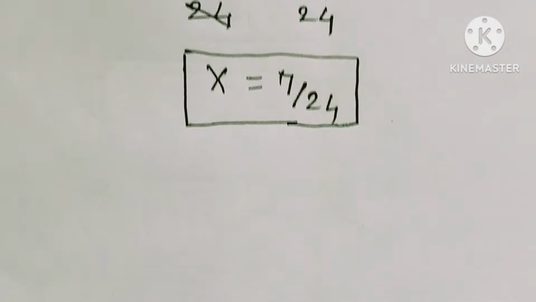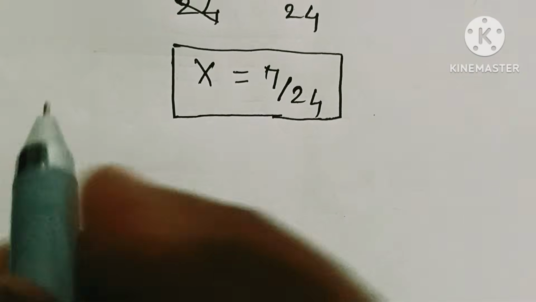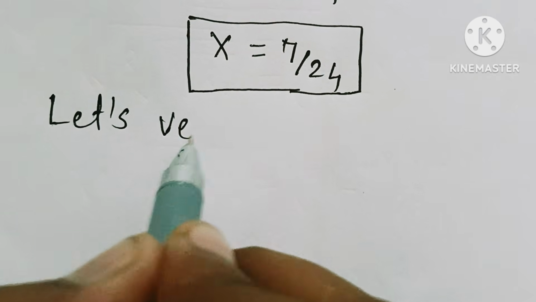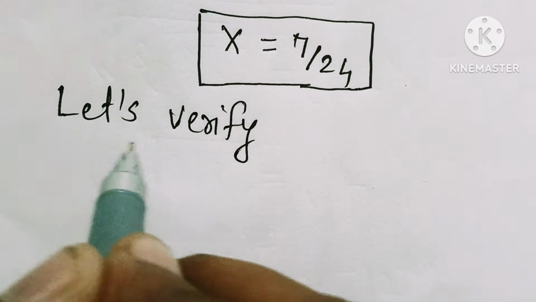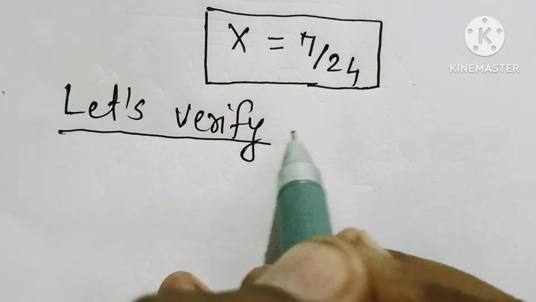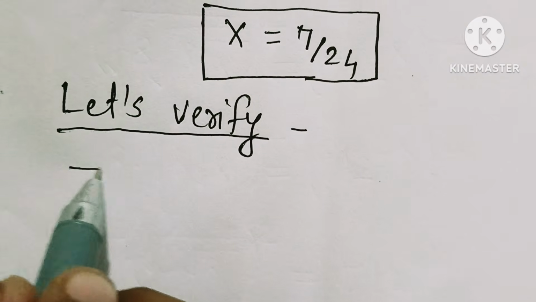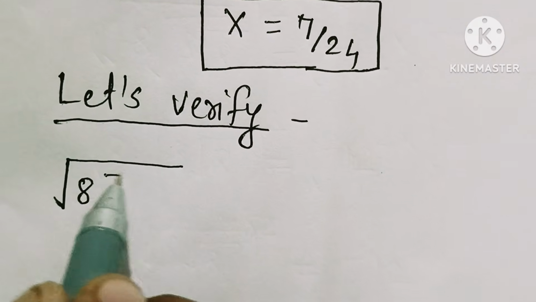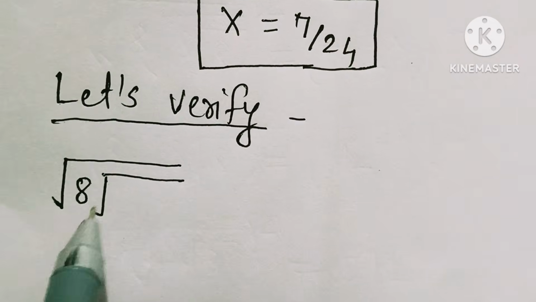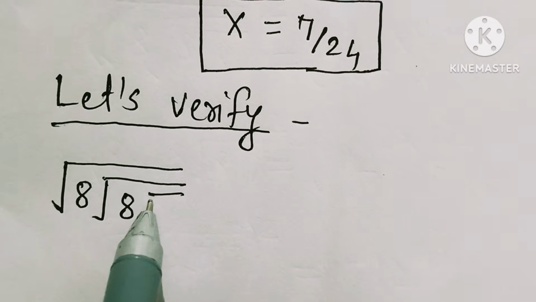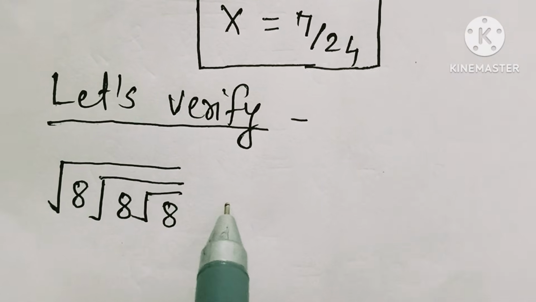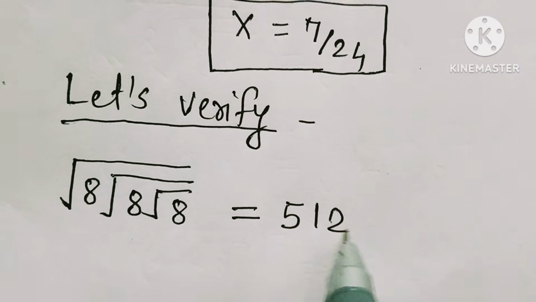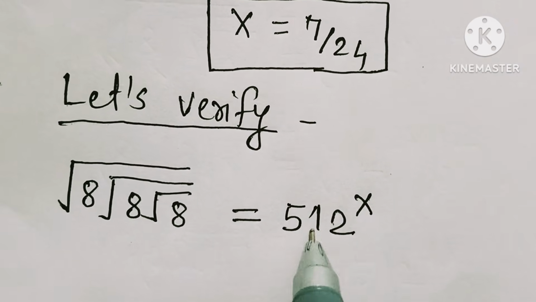Let's verify. Square root 8 into square root 8 into square root 8 equal to 512 raised to power x.